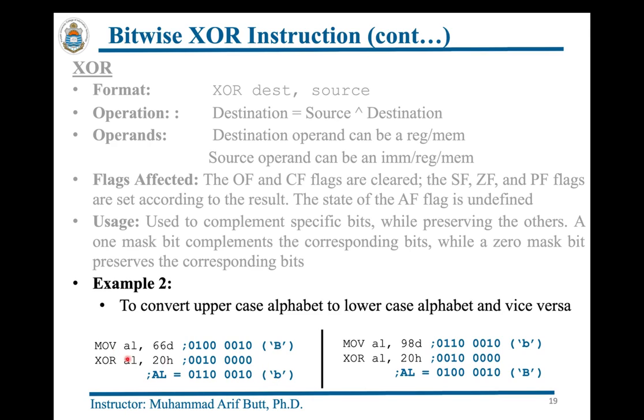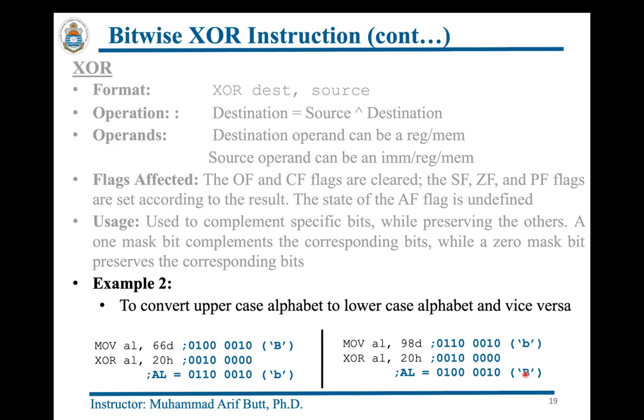So the same XOR operation, the same mask, is converting a capital B to a lowercase b, or an uppercase alphabet to a lowercase alphabet. And over here again, the same XOR instruction is converting the lowercase alphabet to uppercase alphabet. That is great.